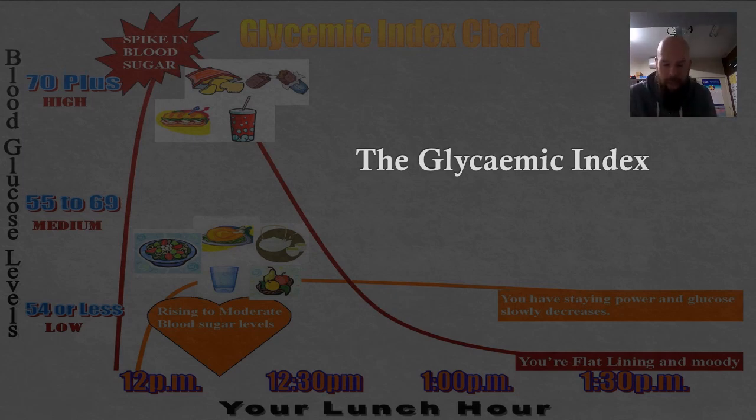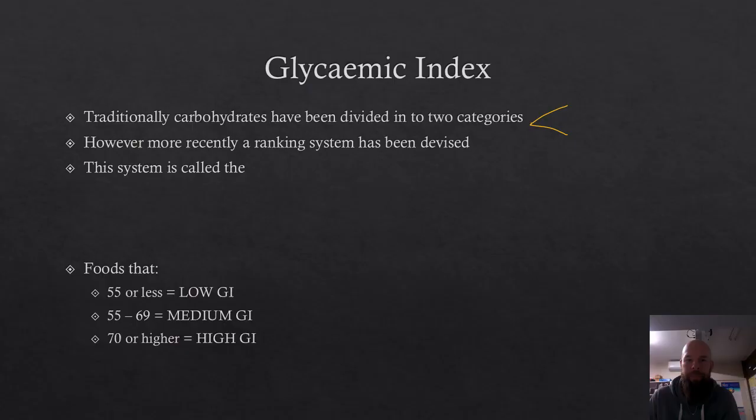So the glycemic index, it's a ranking system. It ranks foods in terms of how quickly they release the sugars, the glucose, into the bloodstream. So the quicker that it happens, the higher the ranking on the GI.